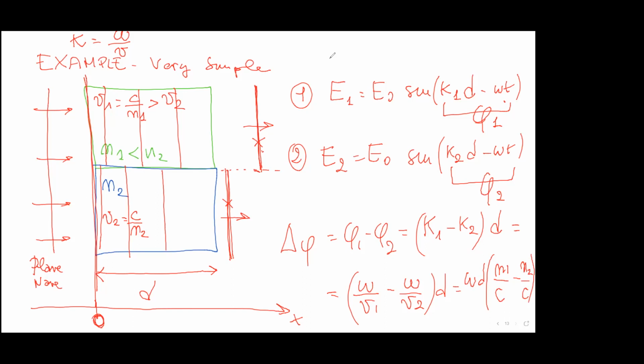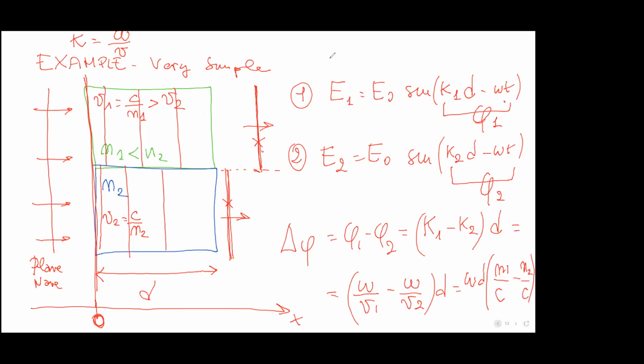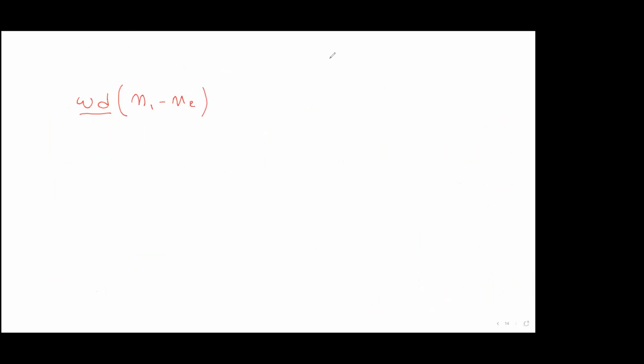So we have omega d (N1 minus N2) divided by C. This is delta phi. And remember that this is k naught times d times the refractive index difference.